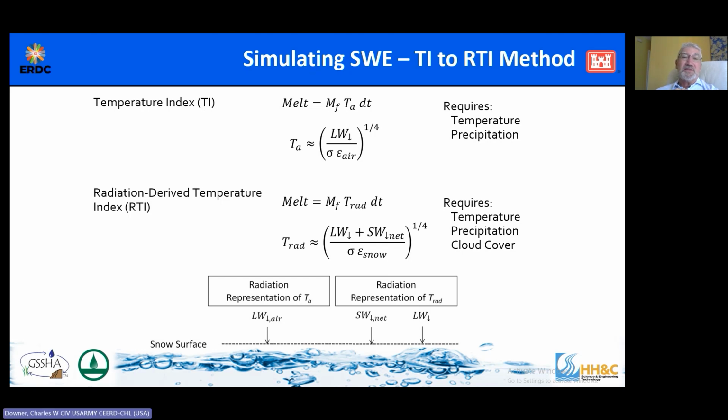So it's the same equations as the TI method, but instead of using the actual temperature there, you use a radiation-derived temperature, which is the longwave radiation temperature down into your snow, and the shortwave radiation temperature down into the snow. And then based on the thermal capacity of the snow.